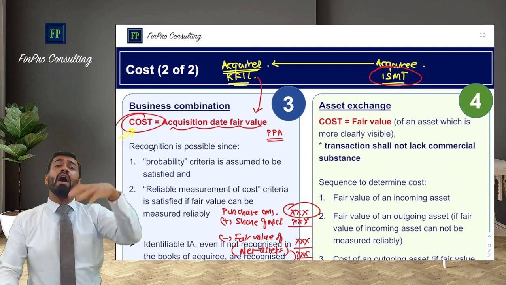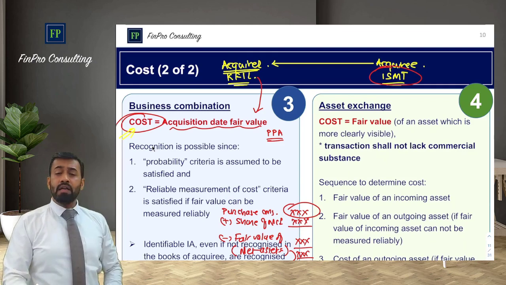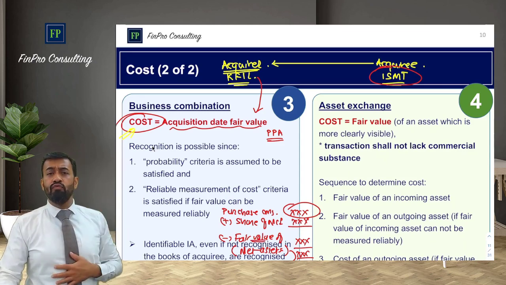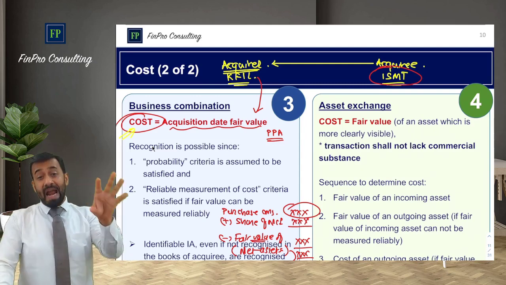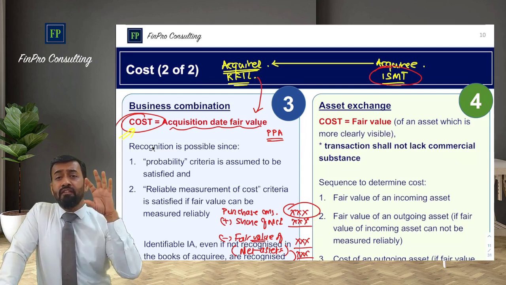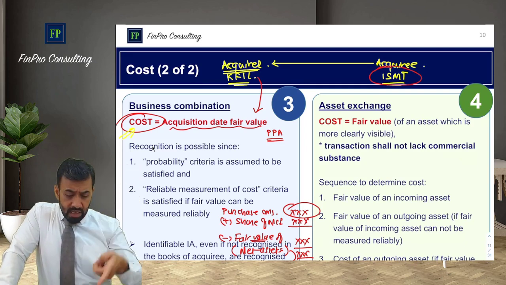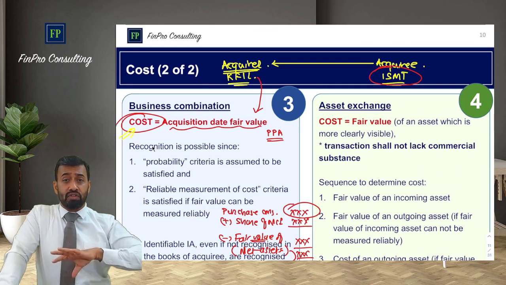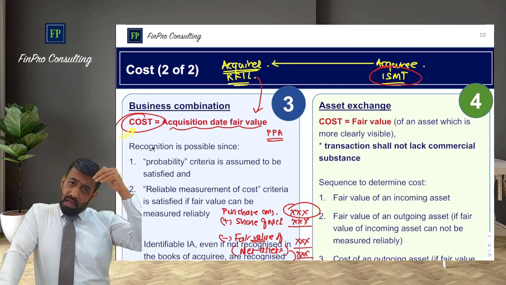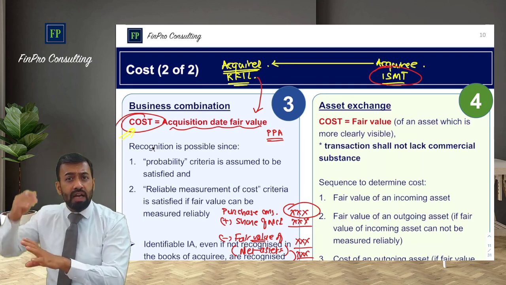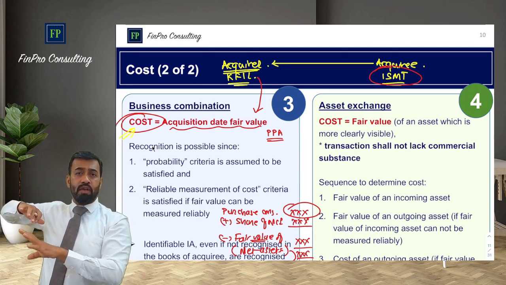Now how is that amount determined? It is based on the fair value of the asset. I can calculate the fair value of those brands, for example, or those customer lists. If I'm able to calculate the fair value of those assets, then I can say that both criteria are satisfied for recognition. If an asset is acquired externally, it is always assumed that there will be probability of future economic benefits.